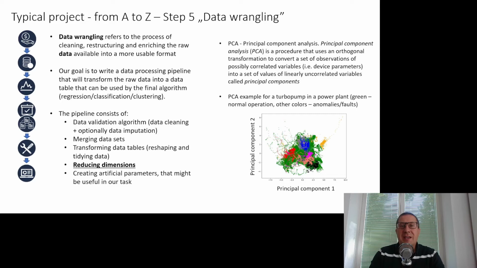The PCA is the linear transformation of data that converts a set of potentially linearly correlated variables into a set of values that are linearly uncorrelated, called principal components. In the simplest words, we try to look at the data from different angles.